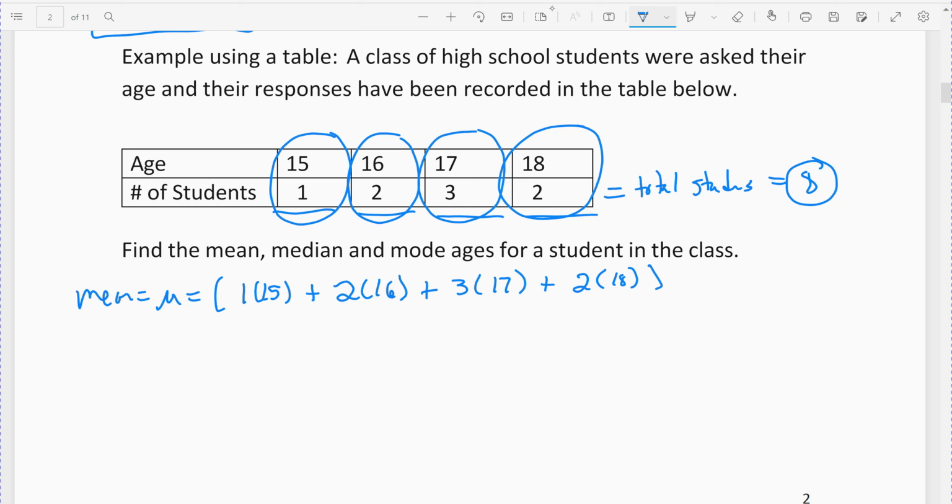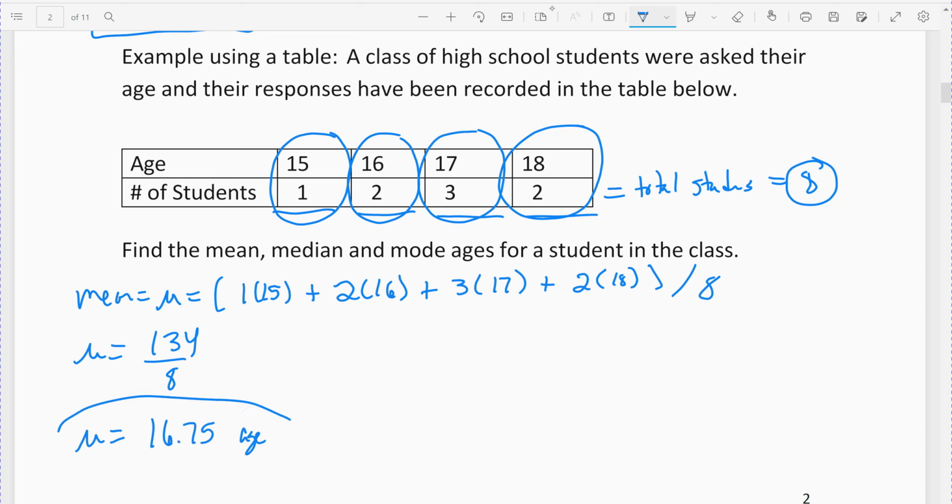There would be 8 numbers altogether. And so we divide that by 8. First thing I'm going to do is simplify the top. When you multiply out and add, the top adds up to be 134. Divide by 8, and so the mean age comes out to 16.75, the average age in this particular group of students.